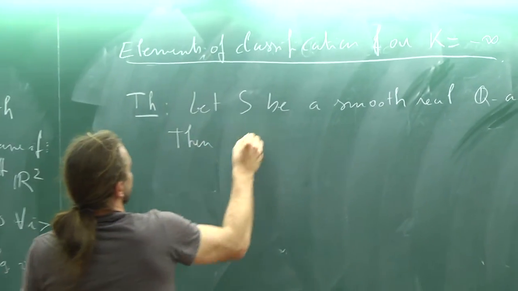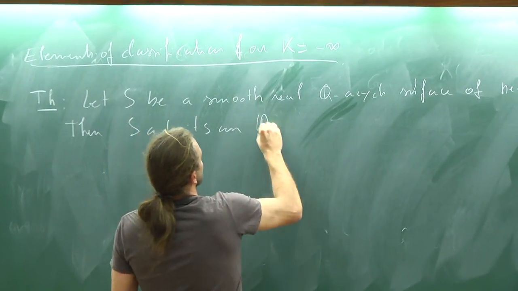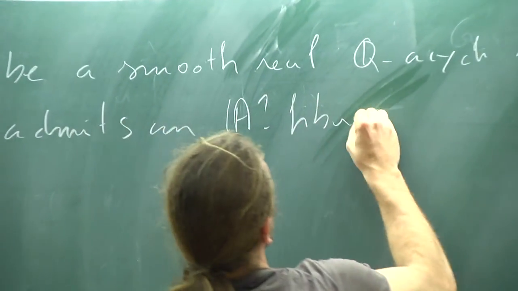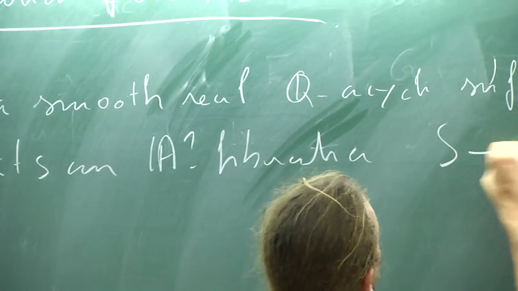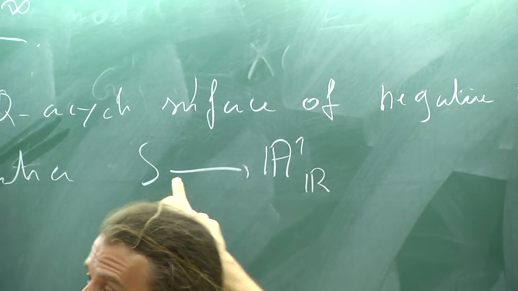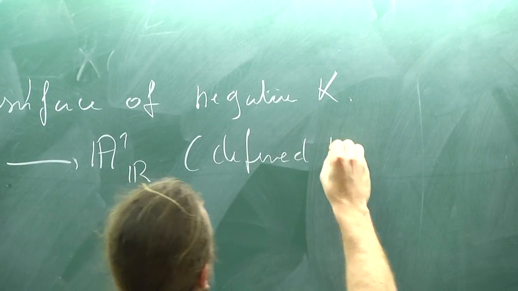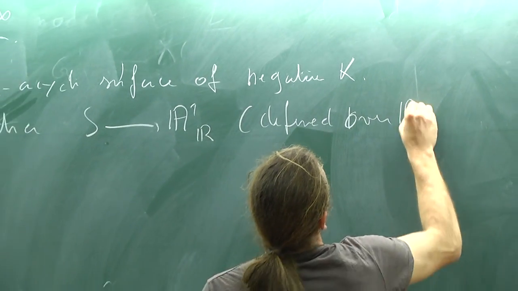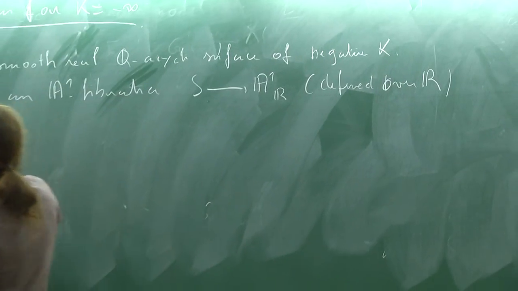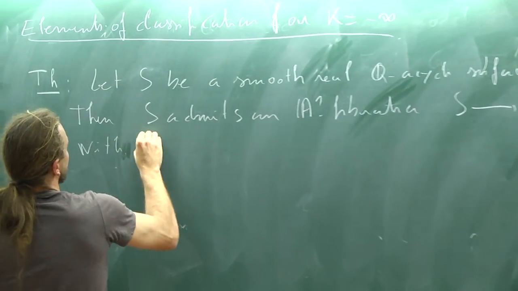Then S admits an A1-fibration over A1. This one is A1(R), and this is defined over R. So it's a real A1-fibration with the following property.